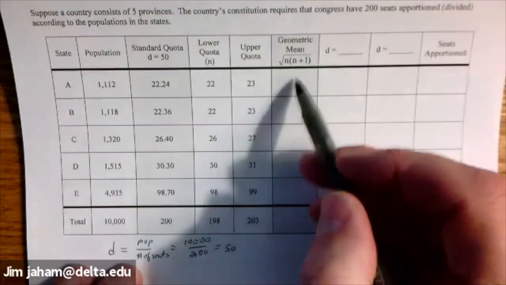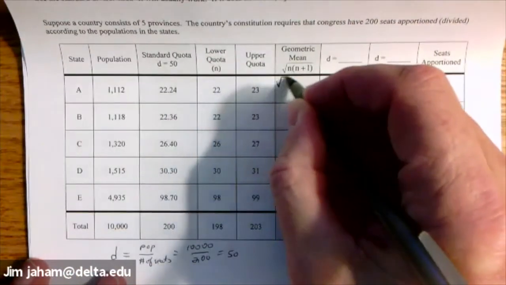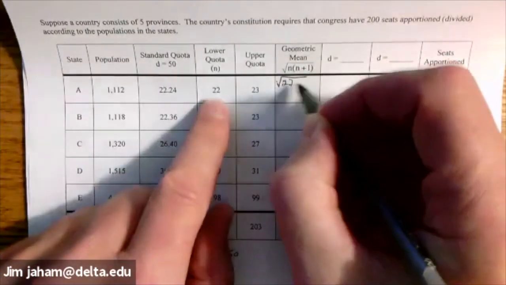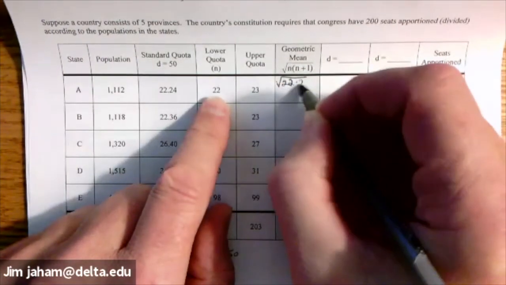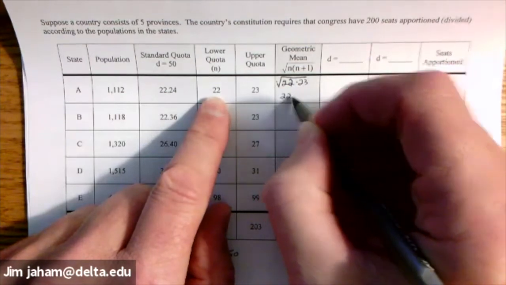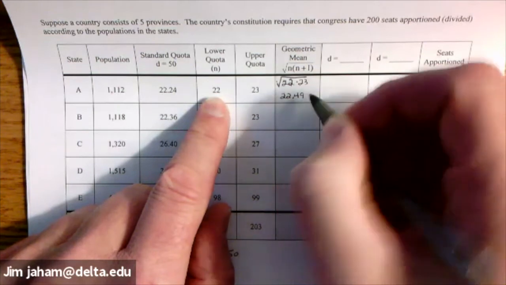Now let's do the geometric means. So what we have to put in here is n for each row, the lower quota, 22 times 23, and then we'll write the decimal here. It's going to be something like 22.49 and some change, all of these.